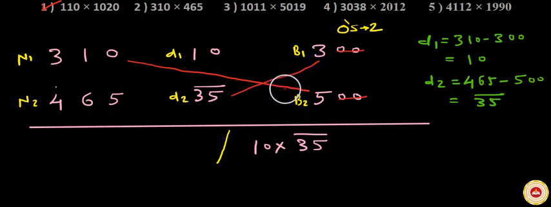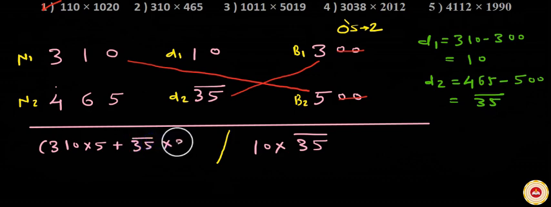What is easier? I think this selection will be easier. So 310 multiplied by 5. Let us write here 310 multiplied by 5 plus negative 35 multiplied by 3.